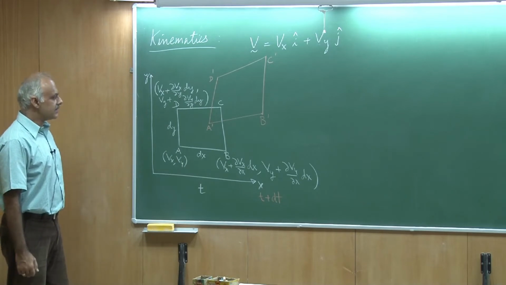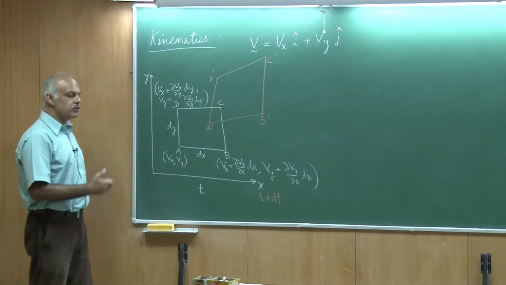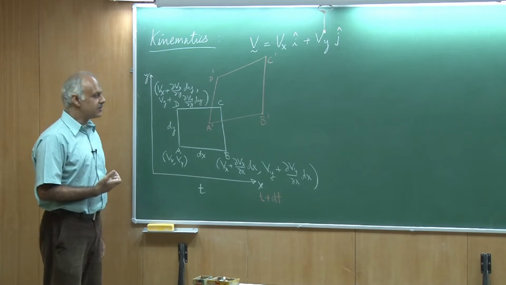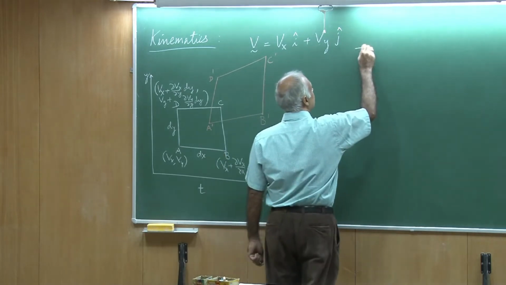So, what is the deformation of this element? If I try to break it up into its components, I can see that it goes through 4 different kinds of deformations. First, it goes through a translation.